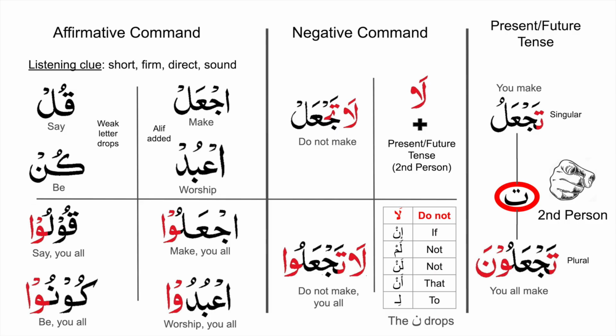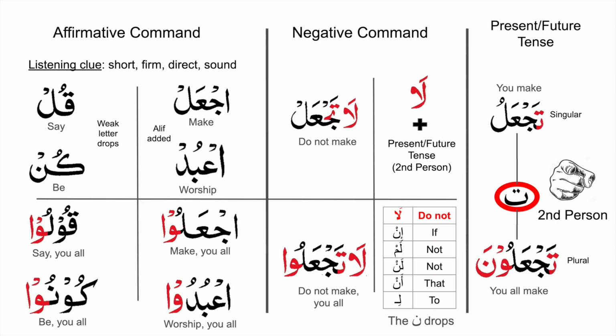In the middle, you see the negative command. This is the easier pattern, because it uses la with the second person present/future form. In the plural, the noon drops.